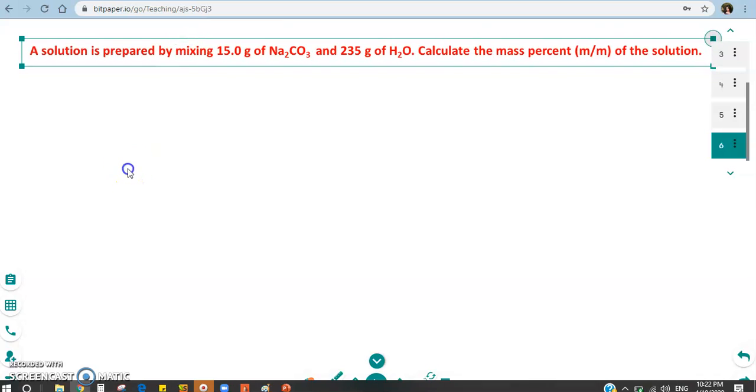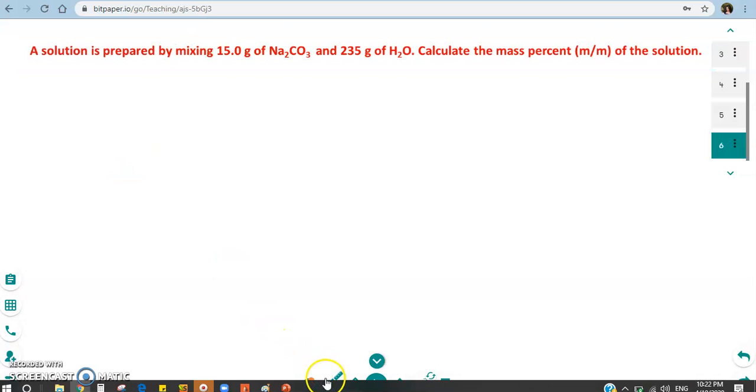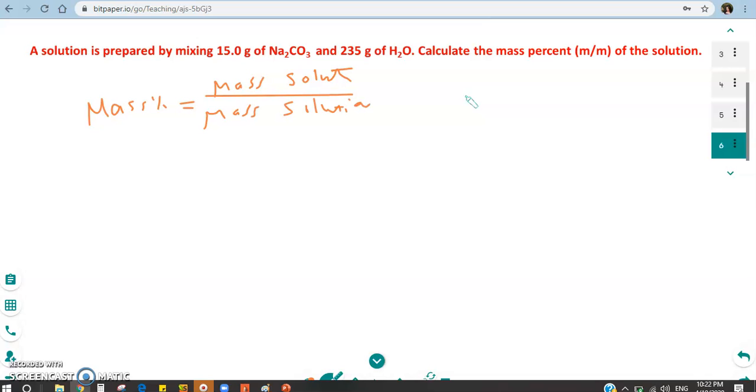So again, mass percent equals mass solute divided by mass solution times 100.